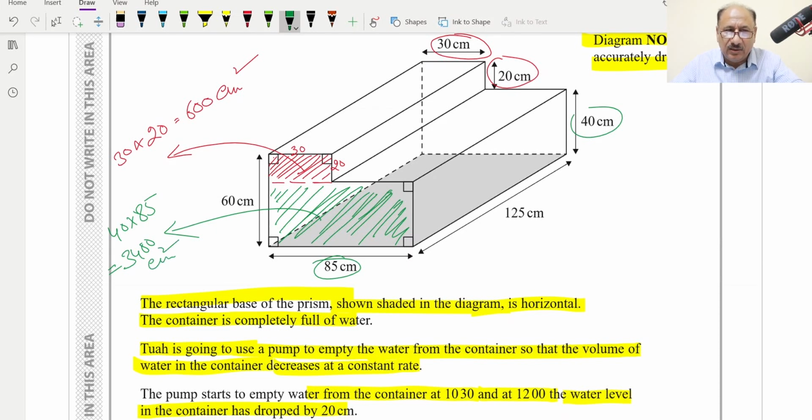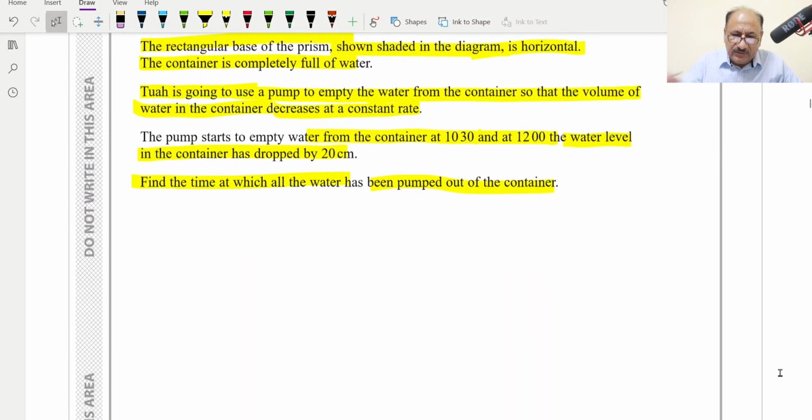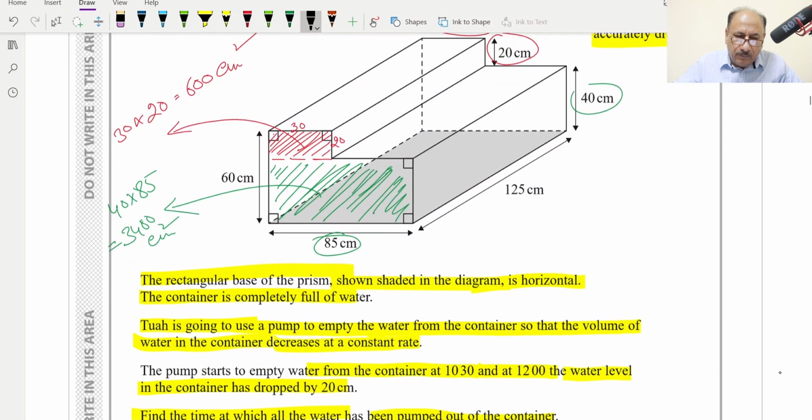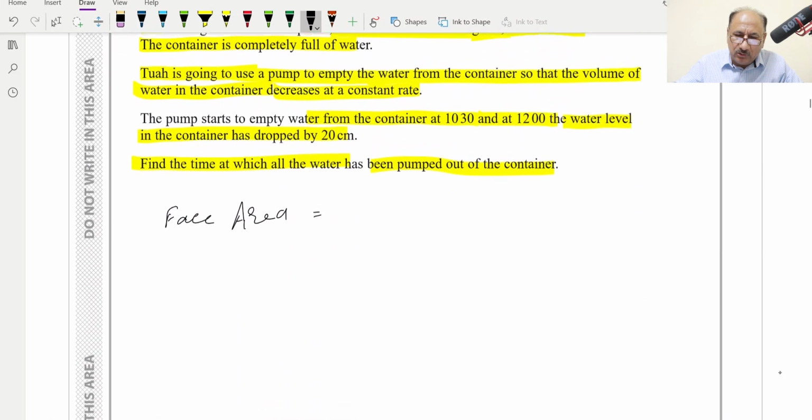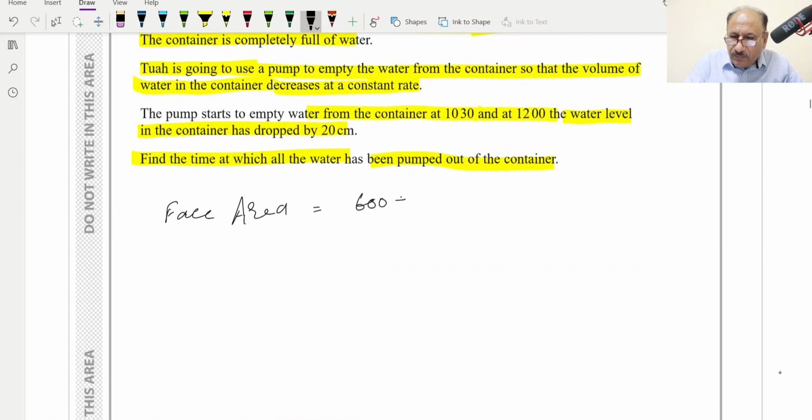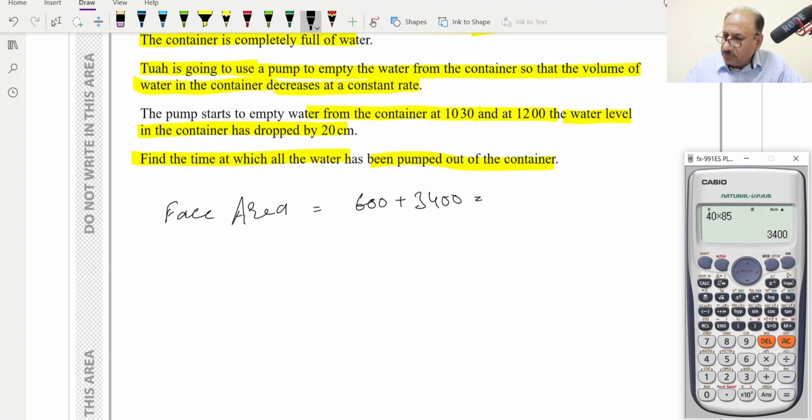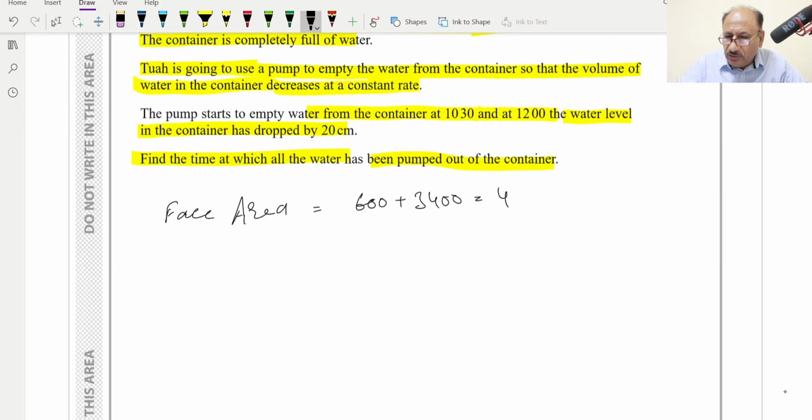So face area, I'll change the color. So face area is equal to 600 plus 3400, and 3400 plus 600 is equal to 4000 centimeters square.